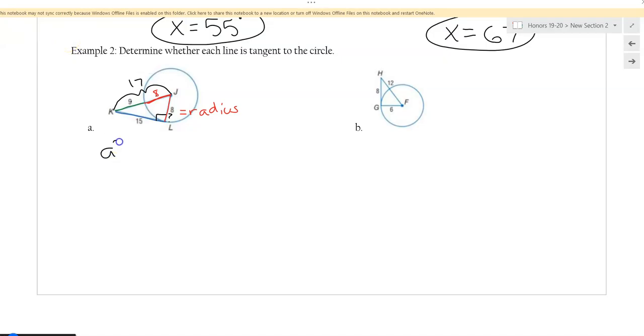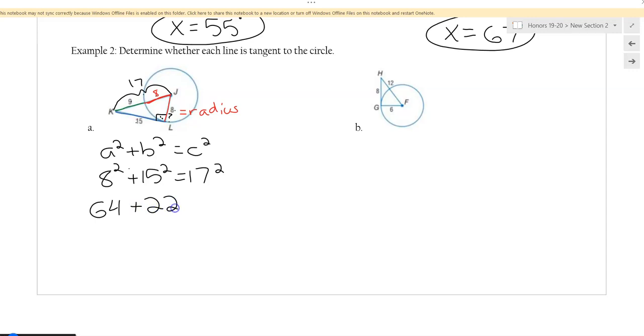Now I can do a squared plus b squared equals c squared. Our hypotenuse is across from the angle we're checking that's a right angle. The other two are a and b. Eight squared is 64. 15 squared is 225.